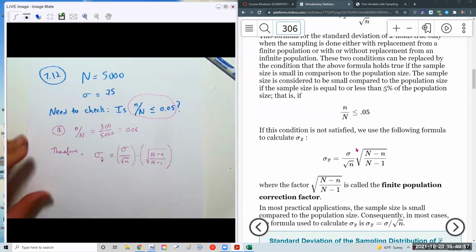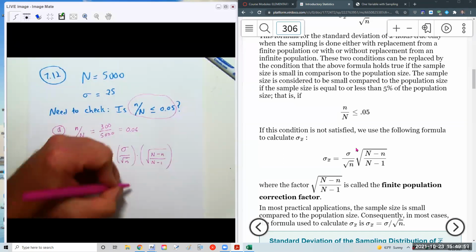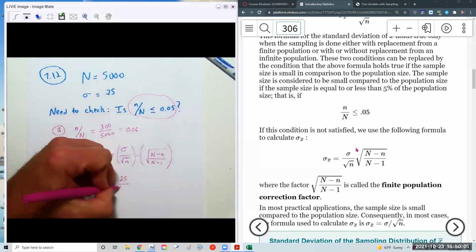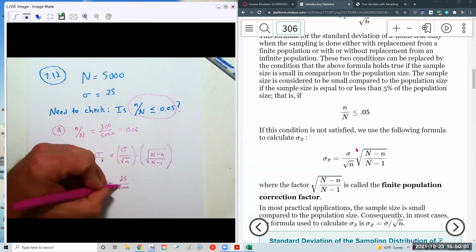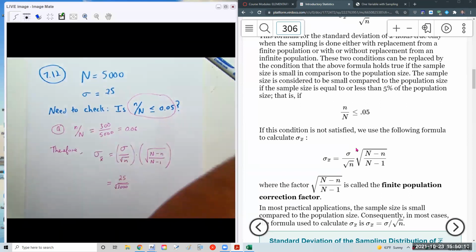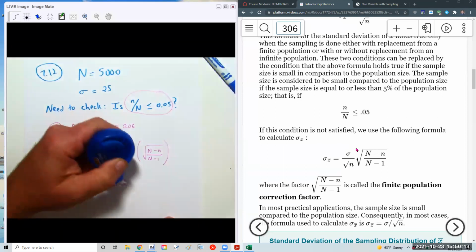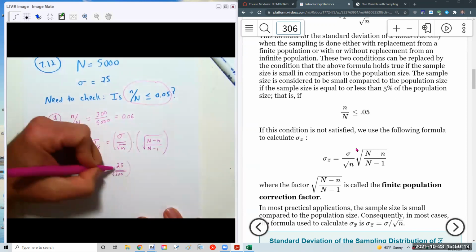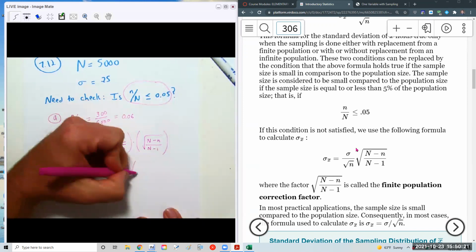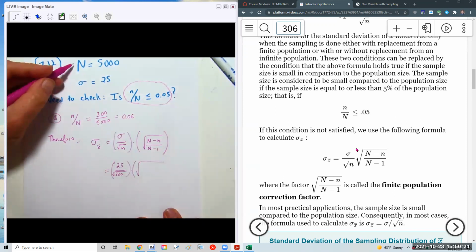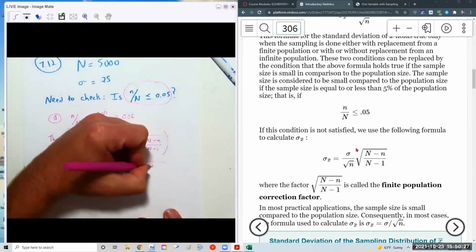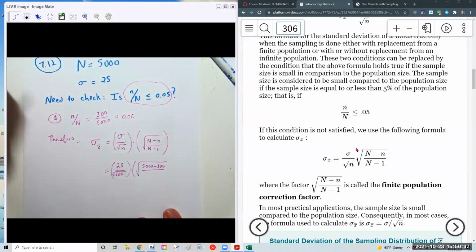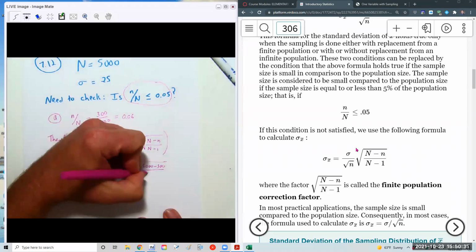So let's plug the values in there. That is going to be 25 divided by 300 under the square root. And then all of that is going to be times this square root of, well, we got to go big N minus little n. So 5,000 minus 300 divided by big N minus 1, which would be 5,000 minus 1.